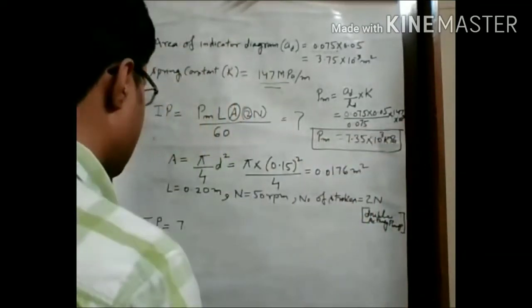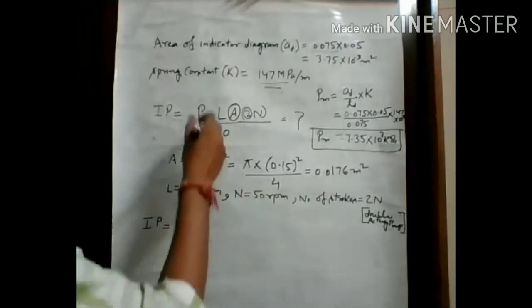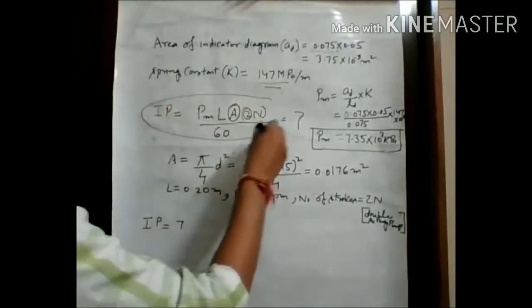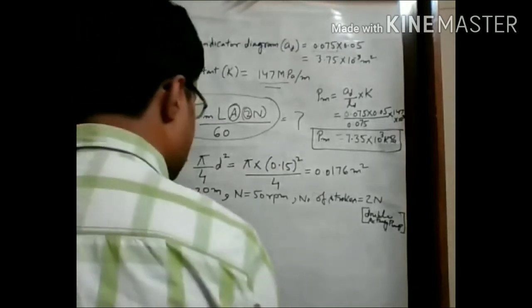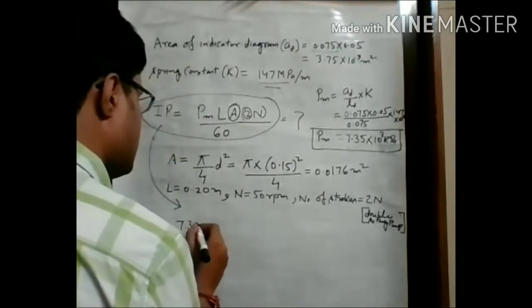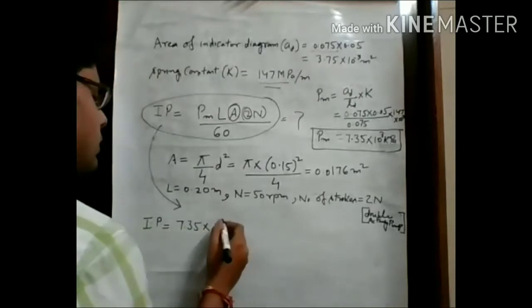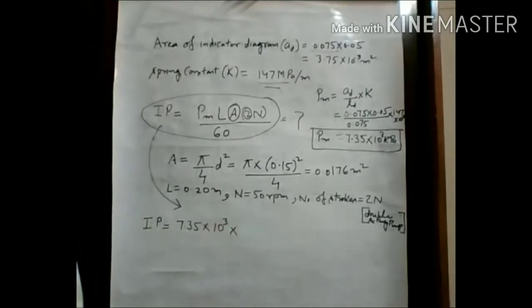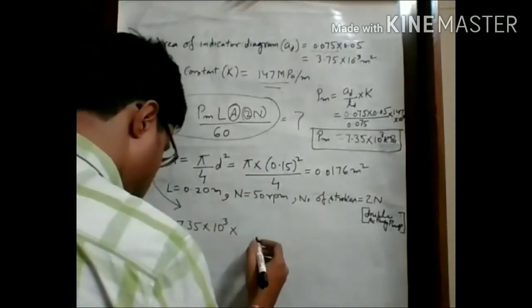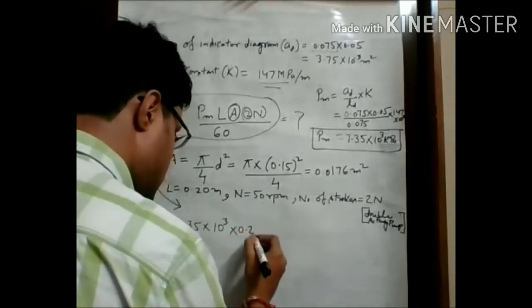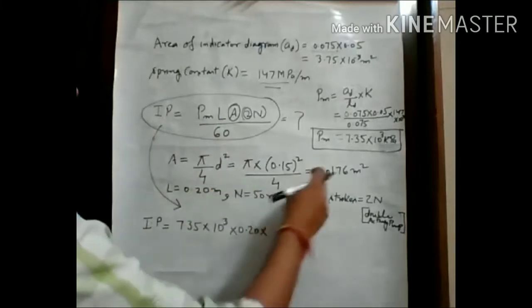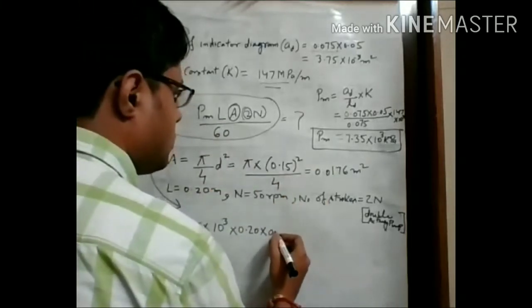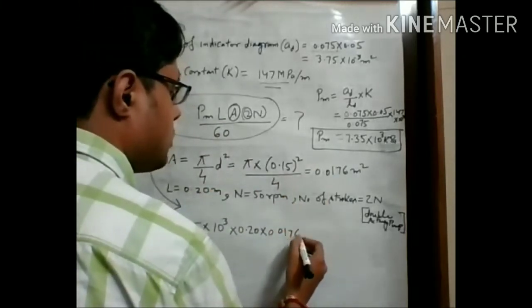So if you put this value in this expression, you will get indicating power. We're putting this value 7.35 into 10 to the power 3, multiplied by length of stroke, that is 0.20, multiplied by A, that is area, you already calculated, 0.0176.